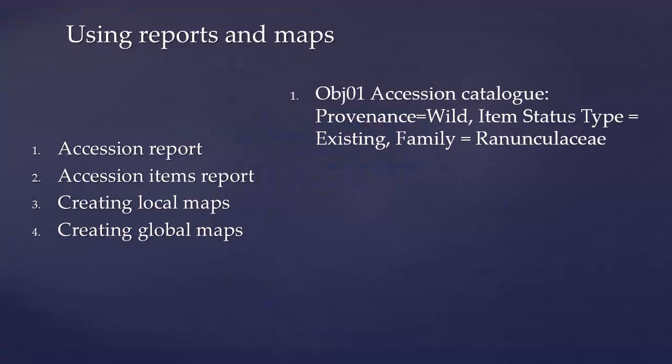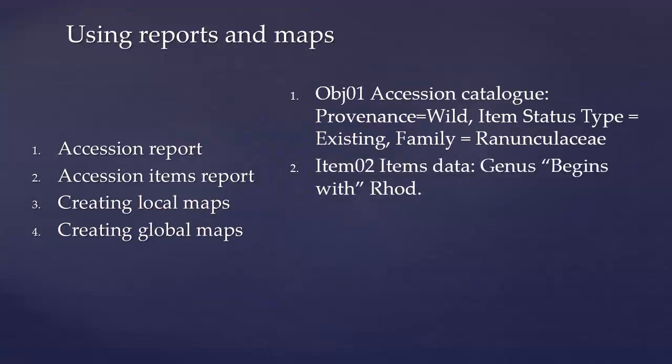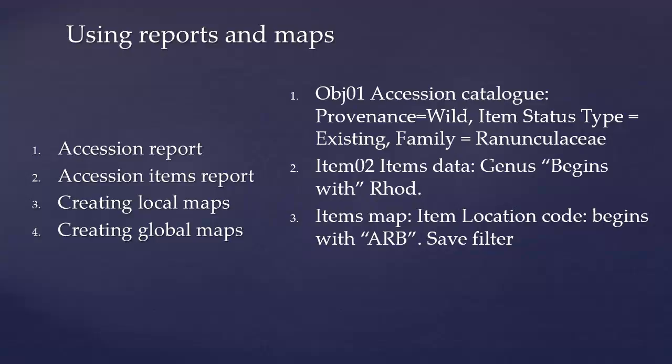The second step is item data, beginning with a genus name. And then the third step is item map, item location code, begins with. So I want the third one. Can you explain again about the item map? Oh yeah, I'll do that.